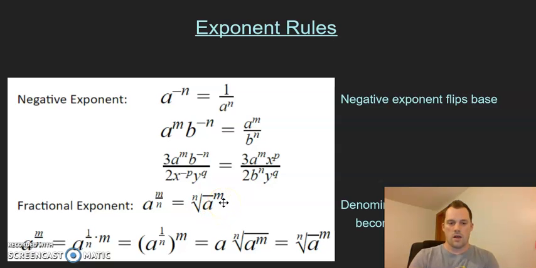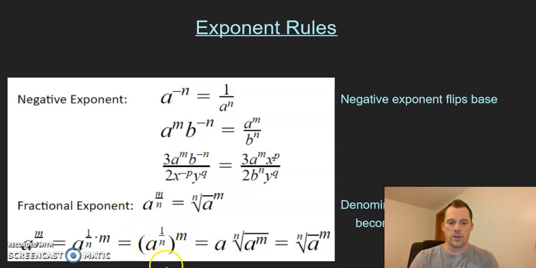A little larger breakdown of that, if we have a to the power of m over n, again, think 3 over 2. Well, 3 over 2 is the same as 1/2 times 3. So we kind of split up that fraction there. And then 1 over 2, or 1 over n, that's the root, right? So, well, if these are being multiplied, we can go in the reverse order with power of a power.